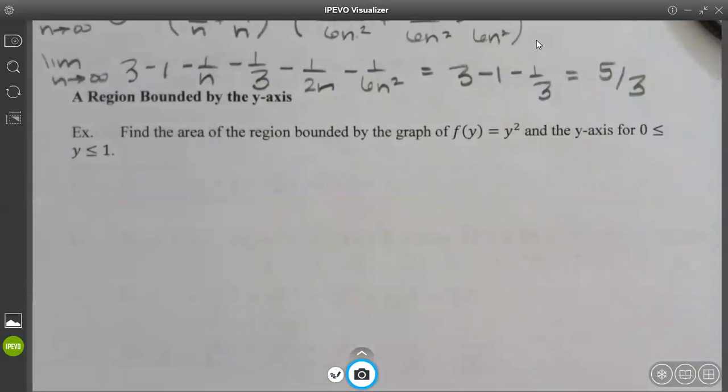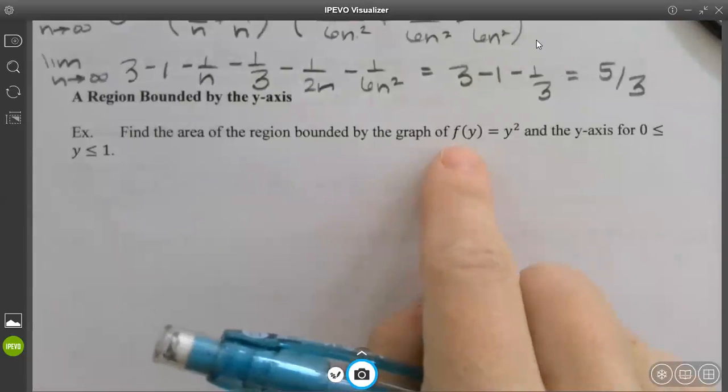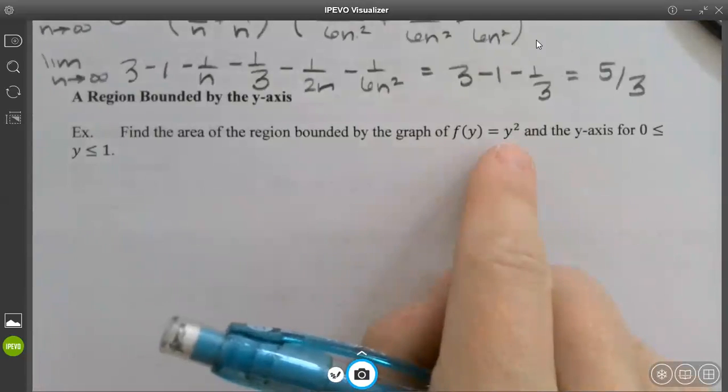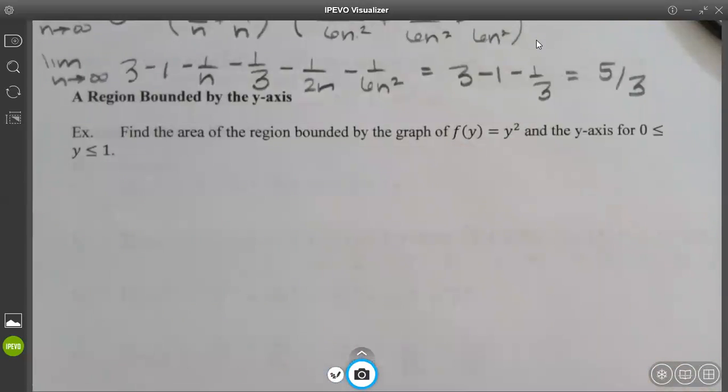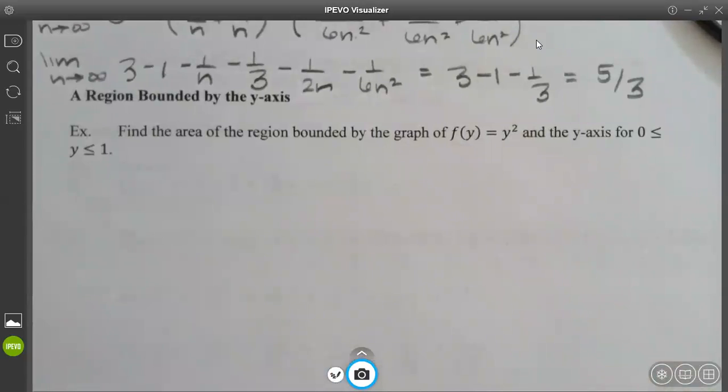So all that says is we're looking at y between there. This y squared doesn't matter because if you look, your function is f of y, which is the same thing as f of x. They're just using a different variable. If they did f of r, they would have r squared, and you would do the same thing. So find the area of the region bounded by the graph of f of y equals y squared and the y-axis for 0 is less than or equal to y, less than or equal to 1.